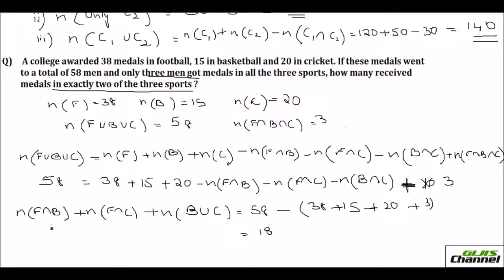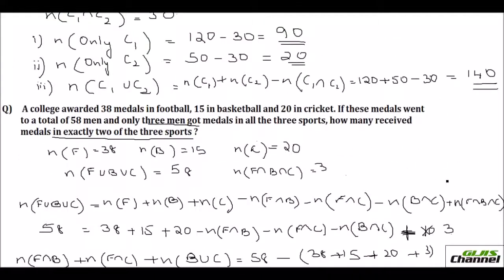The answer is not yet over. Now let us draw the pictures so that I can explain to you clearly. So here you see all these intersections together are equal to 18, right? Let us just see the picture. You have 3 sets, right? So I'll just draw all the 3 here. Okay, and you know this is 3, right?